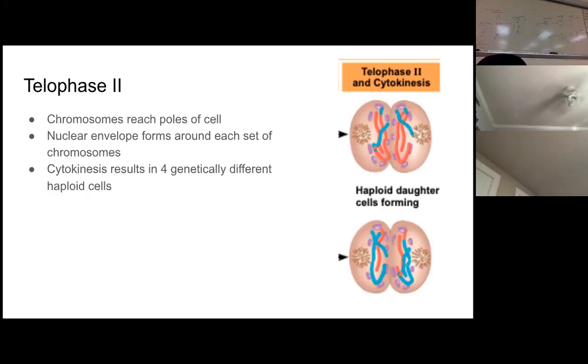If this is my homologous chromosome pair number 1, and this right here is my homologous chromosome pair 2. Originally in my starting cell, I have pink and I have red. I have blue and I have purple. When I end meiosis, does this daughter cell here have every color?